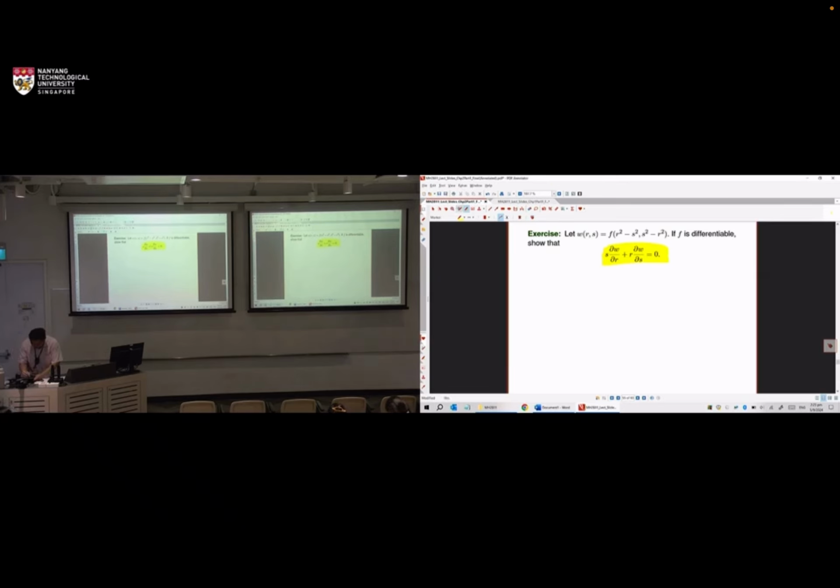So let me just go through this. This is a PDE, partial differential equations, because the bottom here is different. It's del R and del S, so it's not the same. It's not X or Y, so this is what we call a partial differential equation.